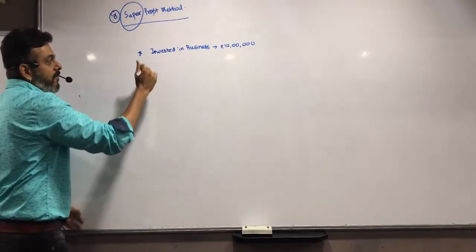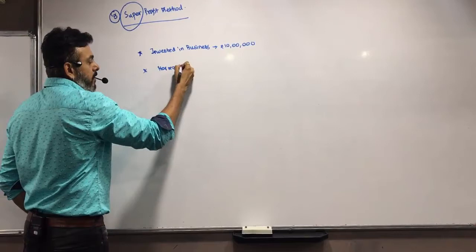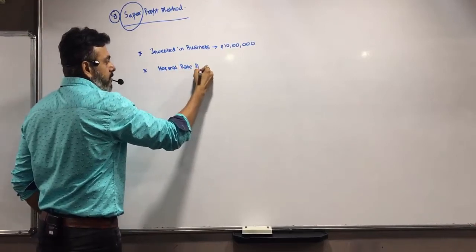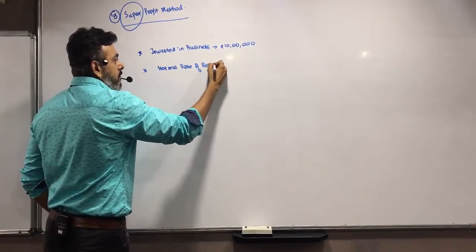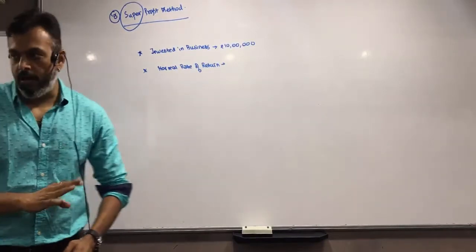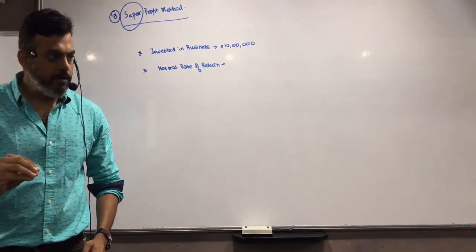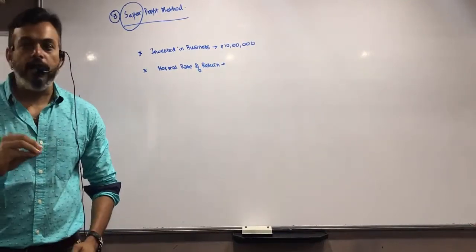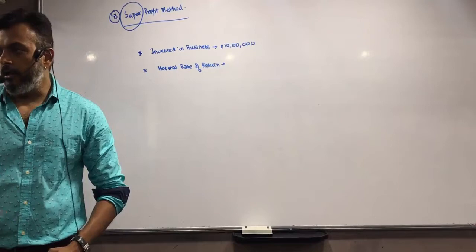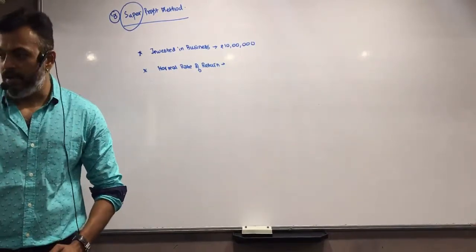In any type of business, there is a normal rate of return. Say, for example, in the hotel industry, the normal rate of return or normal profit on investment is 40%. Different types of industries have a normal profitability.